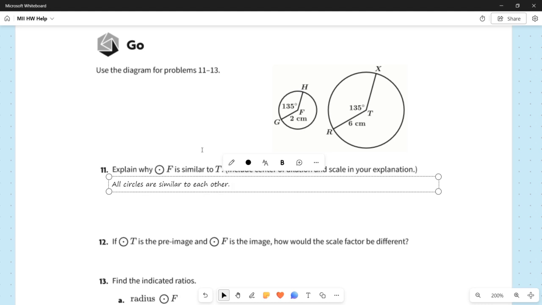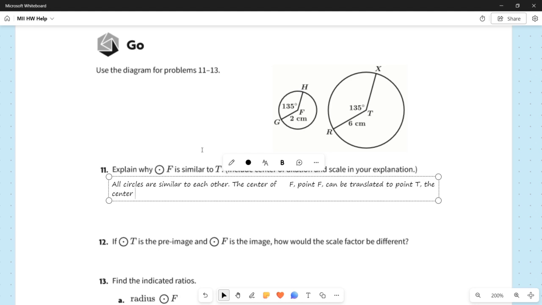dilation and scale. So the center of circle F. So let me go ahead and type in everything, but then I'm going to have to add in the circle symbol. So I'm going to leave spaces for the circle symbol. I'm going to do that at the very end. So the center of circle F, which we know to be point F, can be translated to point T, which is the center of circle T. And again, we're going to add the circle symbol in just a second.